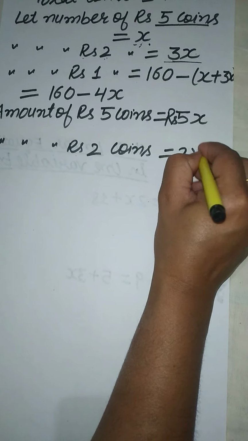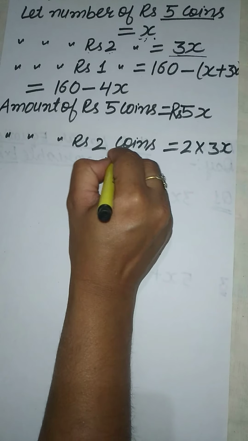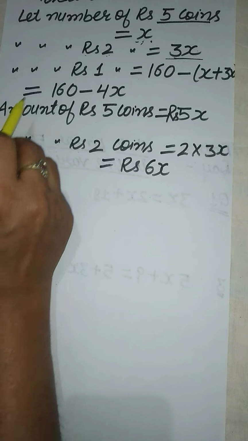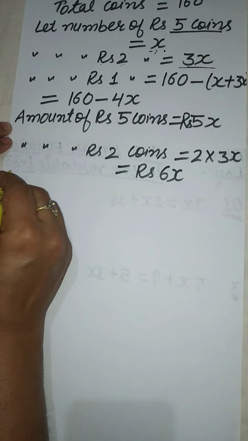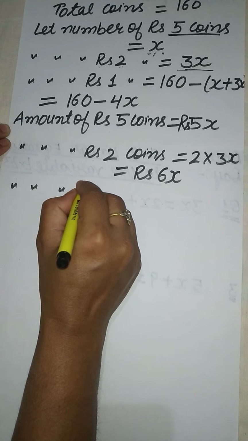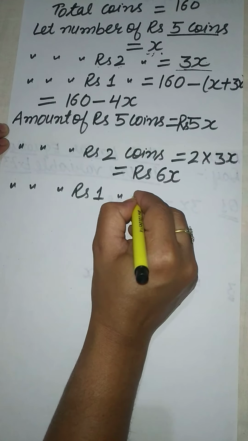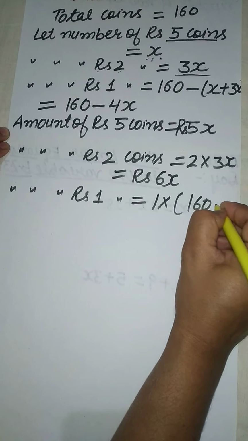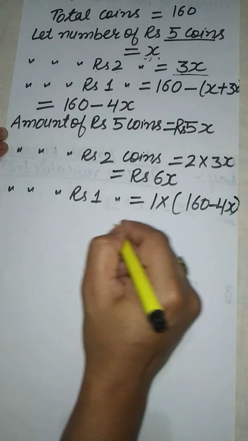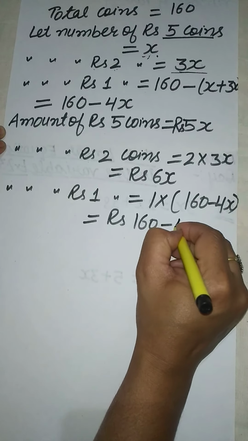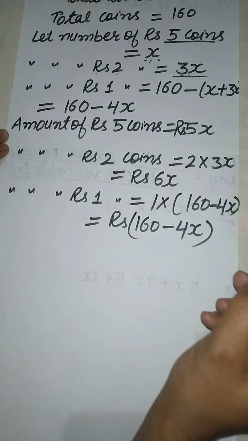So 2 multiplied by 3x is equal to rupees 6x. And the amount from rupees 1 coins will be 1 multiplied by 160 minus 4x, that is rupees 160 minus 4x.